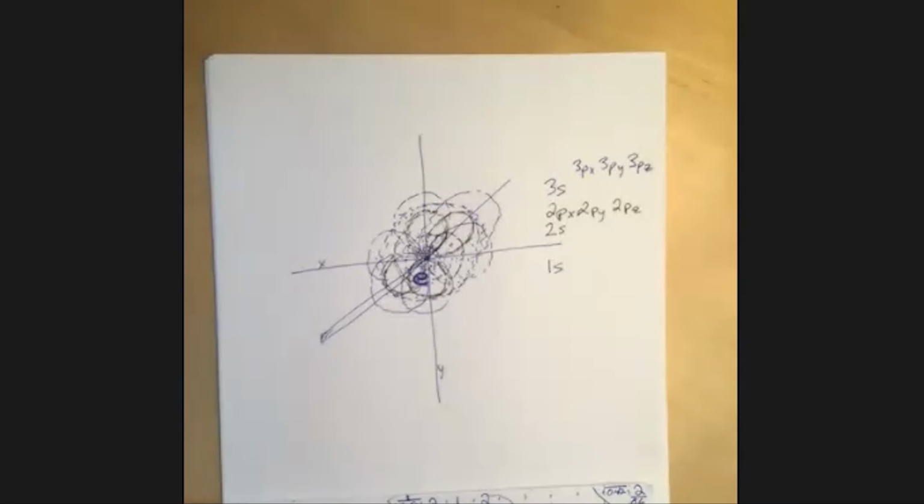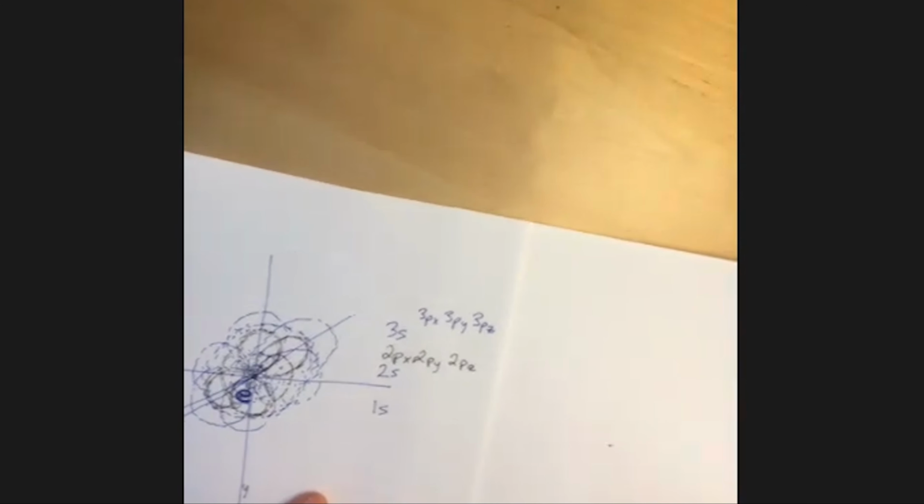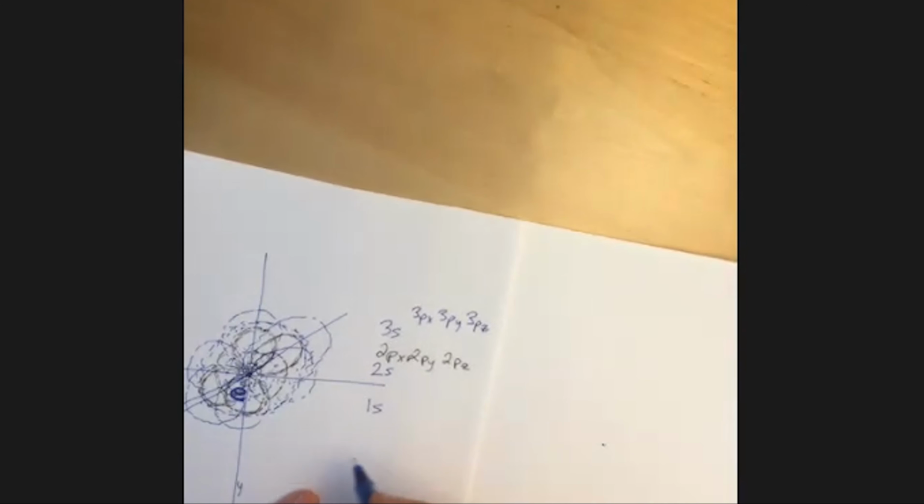So I started over on this corner. I started by drawing the orbitals, the locations where the electrons are, and I started naming them here on the side. And so what we're going to do is a flat diagram that represents the locations of these orbitals.